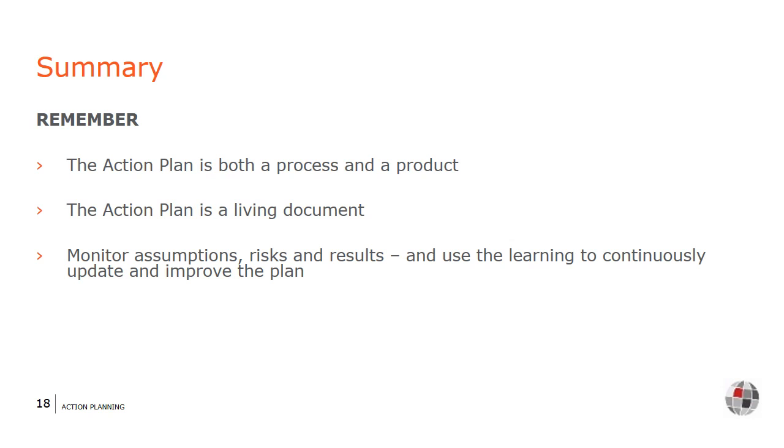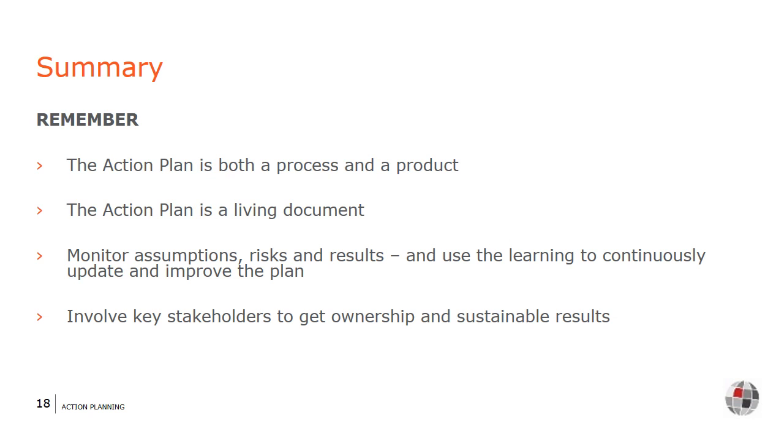Monitor assumptions, risks, and results, and use the learning to continuously update and improve the plan. 4. Involve key stakeholders to get ownership and sustainable results. Remember that there are links to further reading as well as 5 short videos on the front page of this e-learning module.